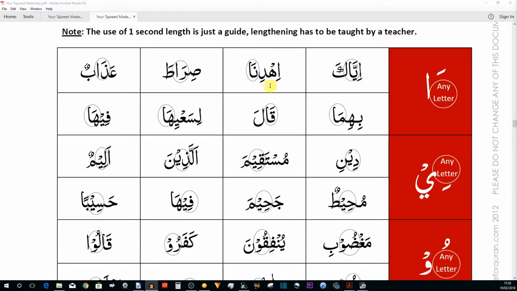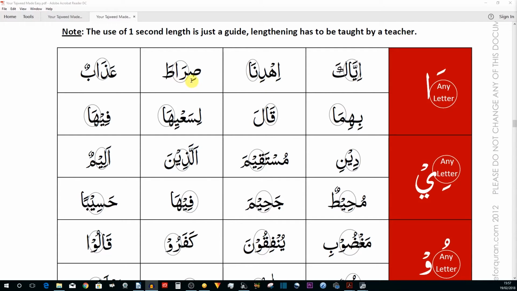Next word, the fatha alif is on the noon. So ihdina, ihdina. And again, remember, don't make ghunna on the noon after the noon is finished on the alif. So don't say ihdin-na. Okay, it's ihdina.